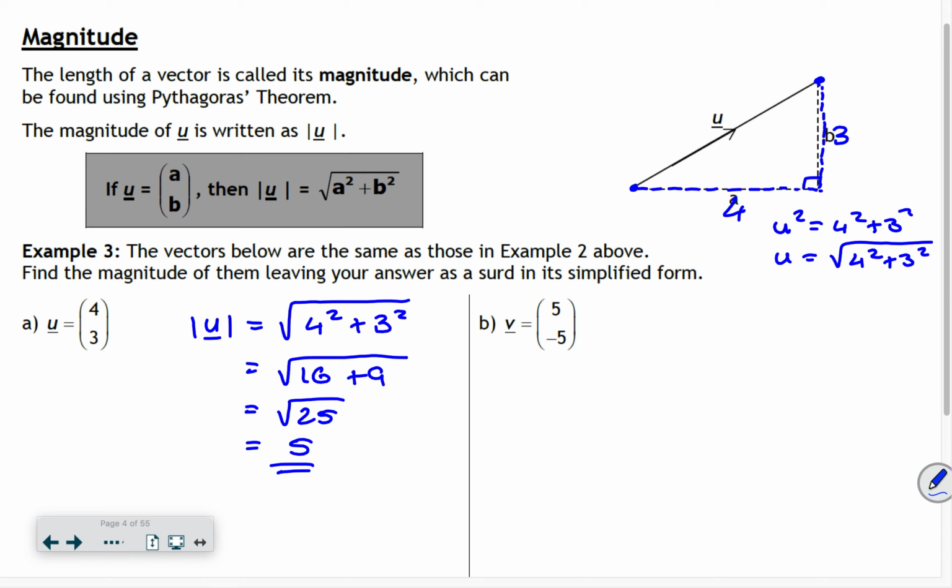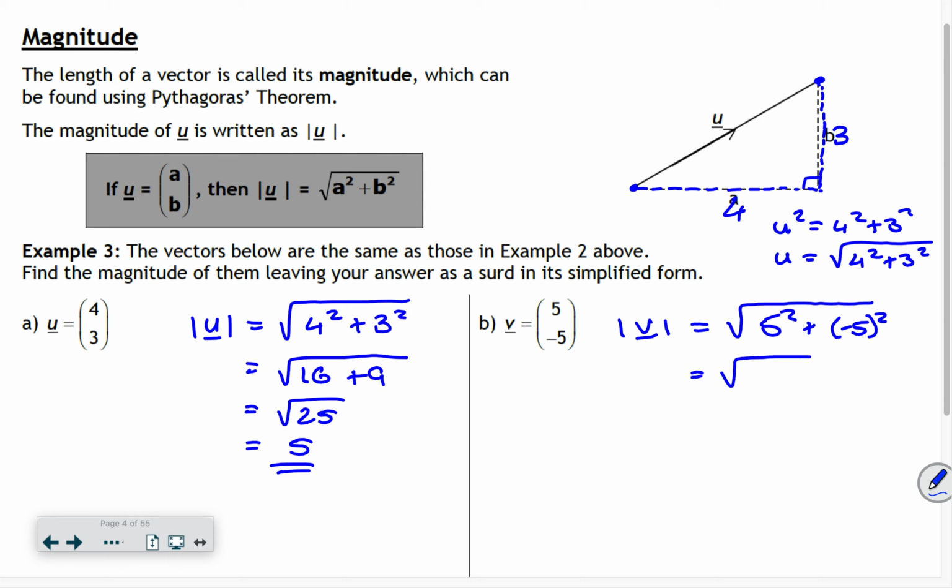Let's look at example B. I want to find the magnitude of vector v now. So mag v, it's just the v with 2 lines on either side, is going to be the square root of 5 squared plus negative 5 squared.